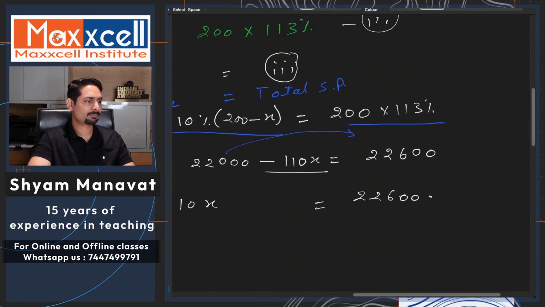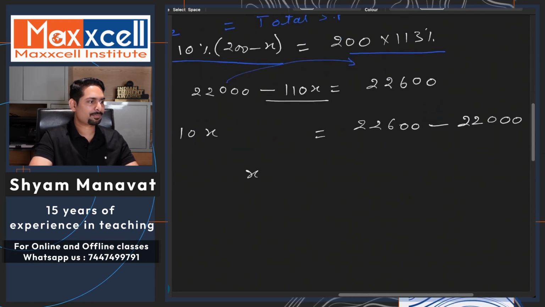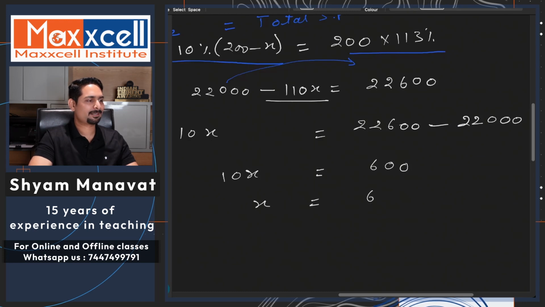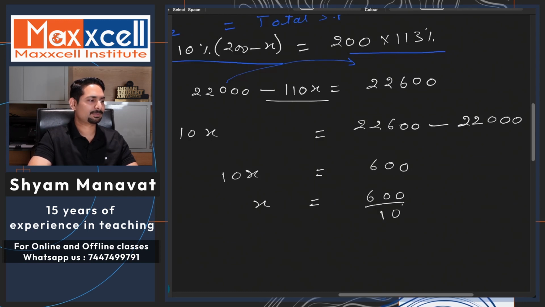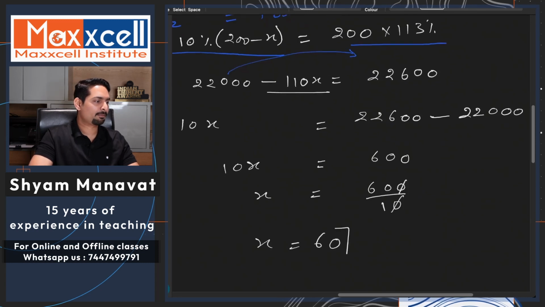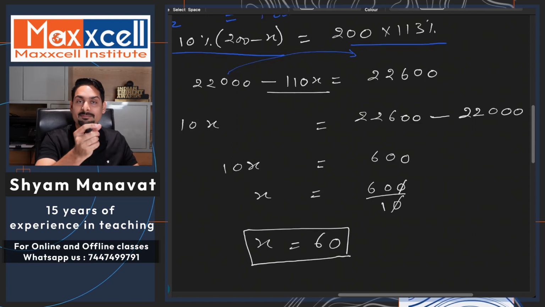That should become minus 22,000. So 10x will be equal to 600. So x will be equal to what? 600 by 10. 0, 0 cancel. X equal to 60.